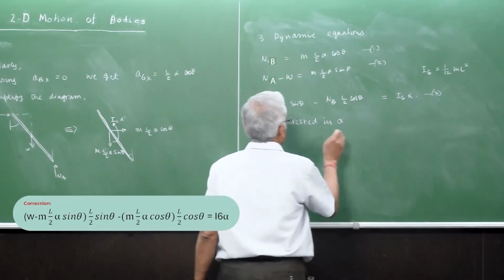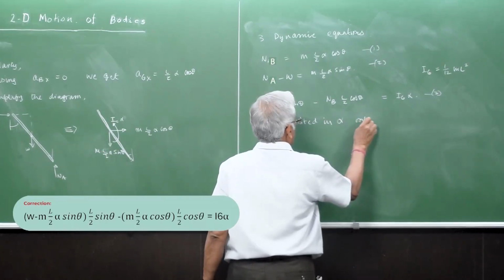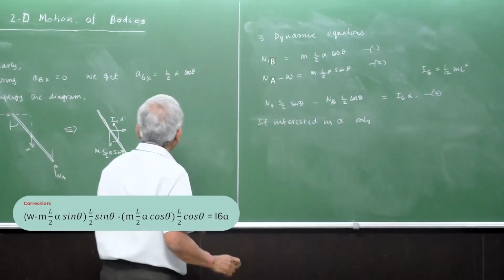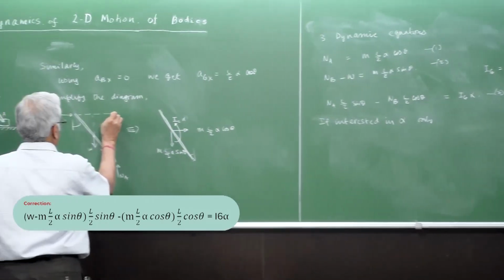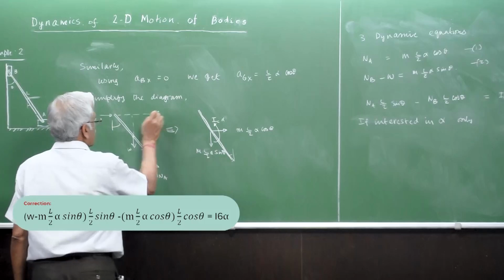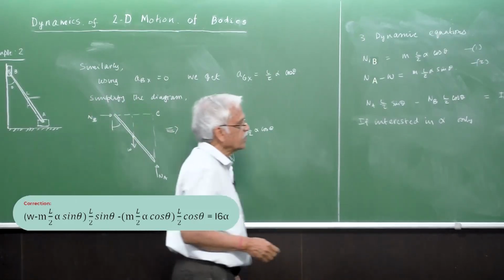in alpha only, we can avoid Na and Nb by taking the moments about center.